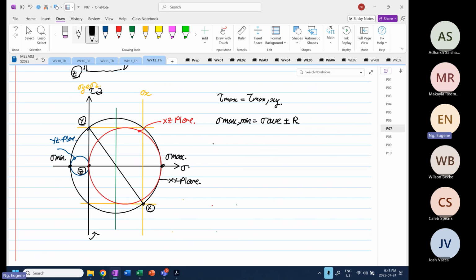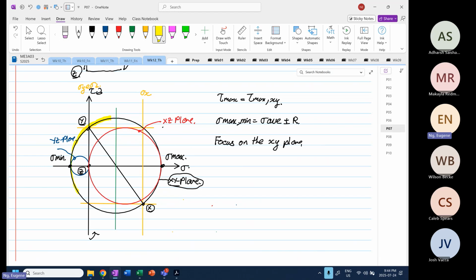So we know that stress average. Before we go on, we are going to focus on the XY plane, because the XY plane generates the biggest circle, right?